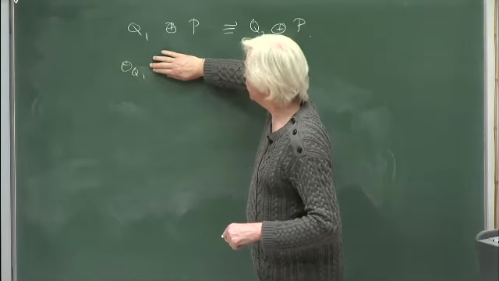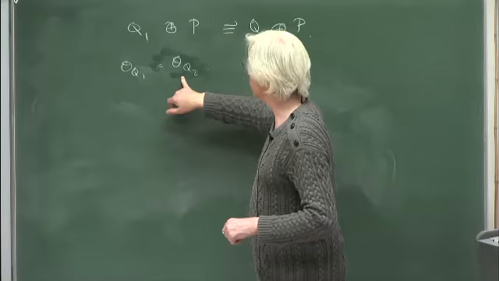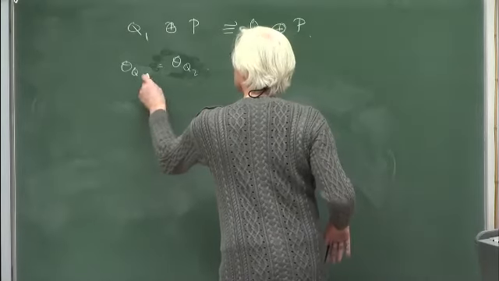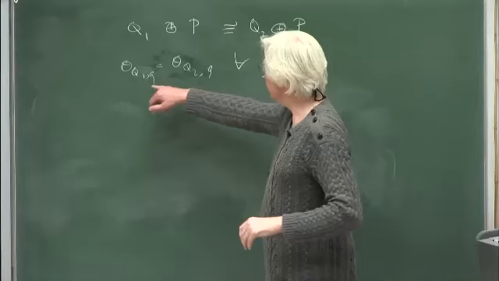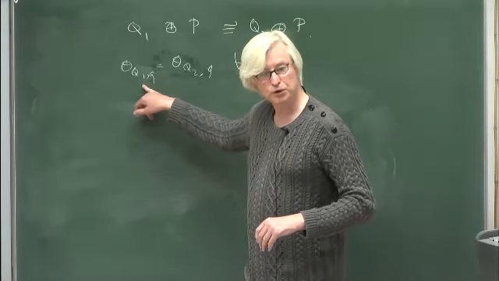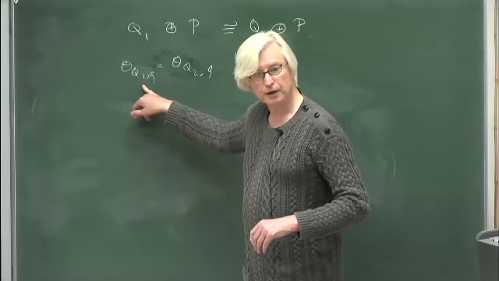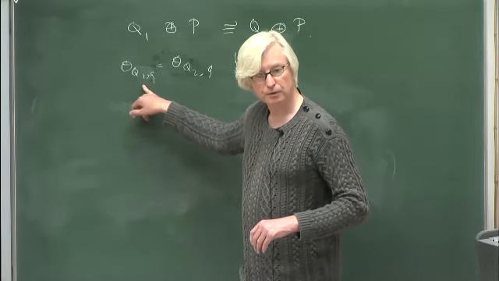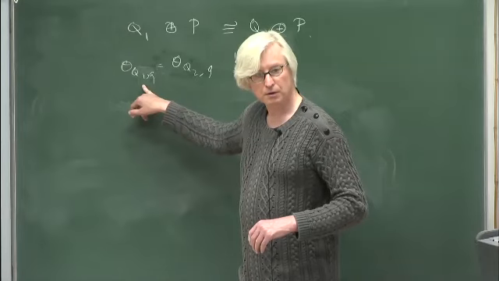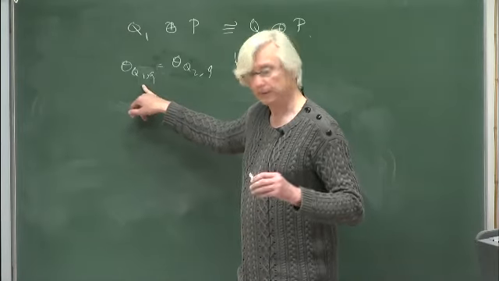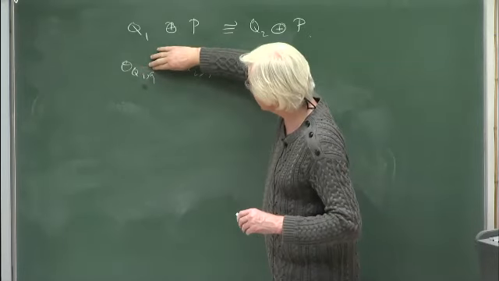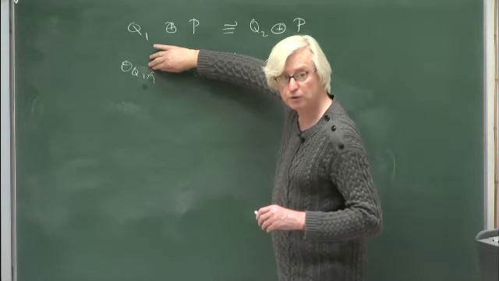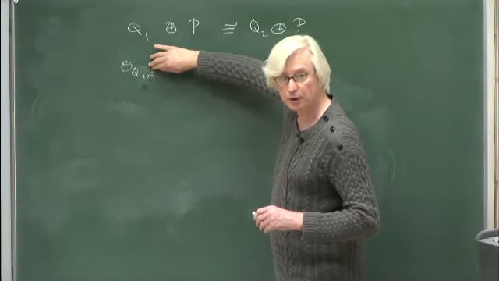So if theta Q1 is equal to theta Q2 for all genus, then Q1 must be isomorphic to Q2. Because the theta series for all genus will detect all embeddings of all quadratic forms into Q1.